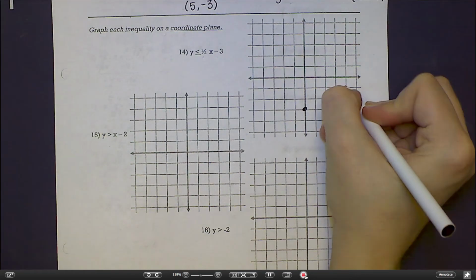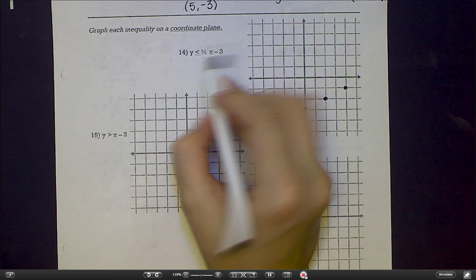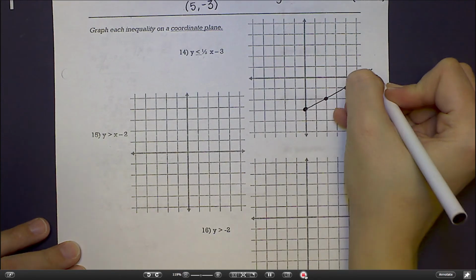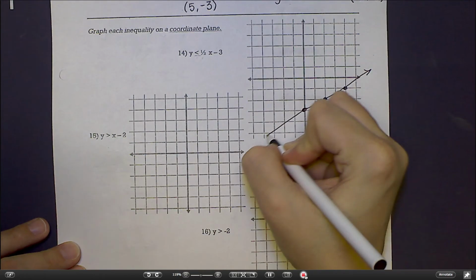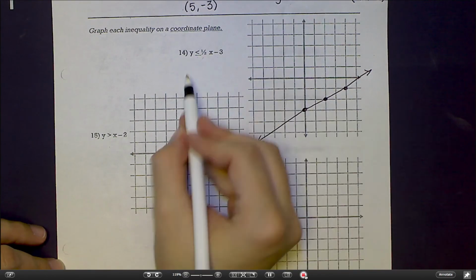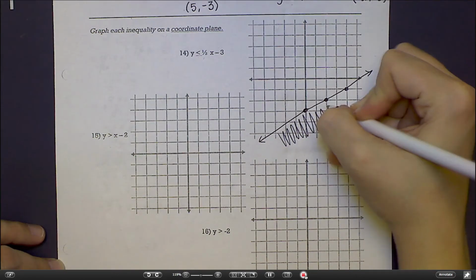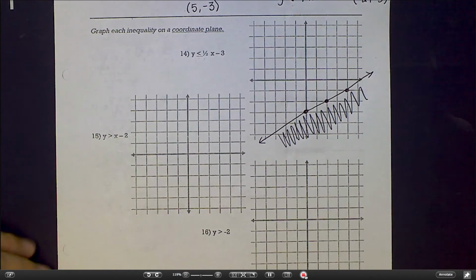Up 1 and over 2. I do have the equal bar on this one, which means that I want a nice solid line between those points. And if this is less than, I'm shading underneath the line. That would be down here.